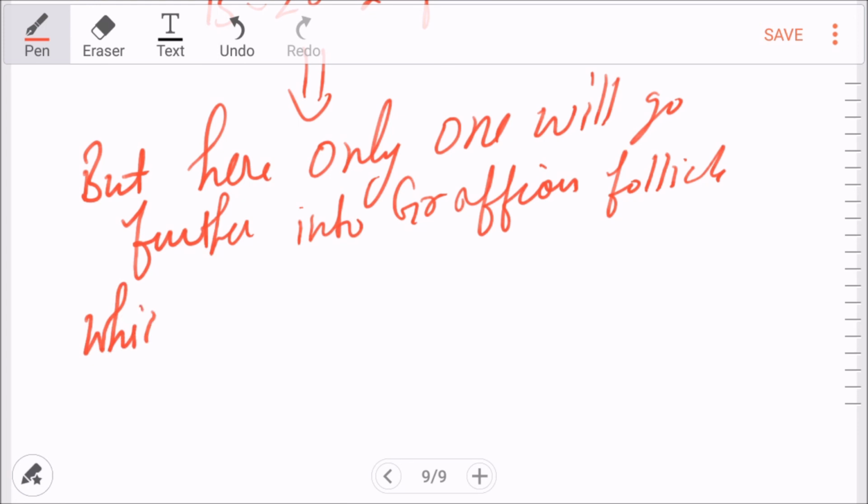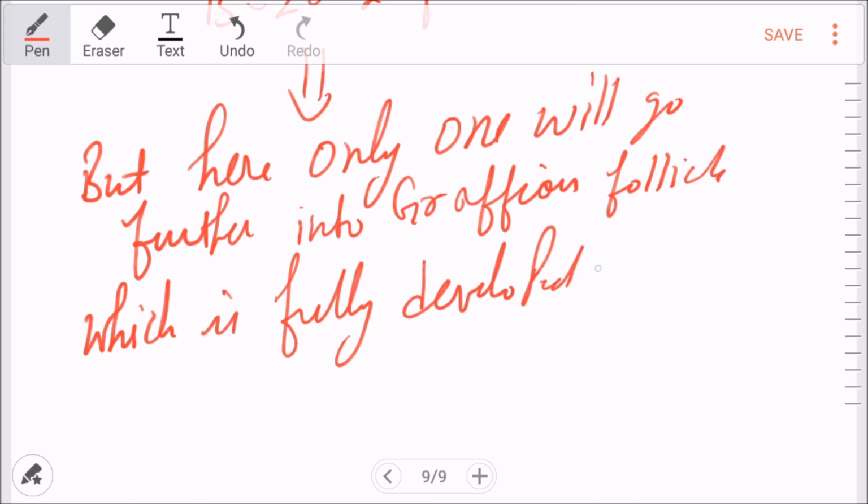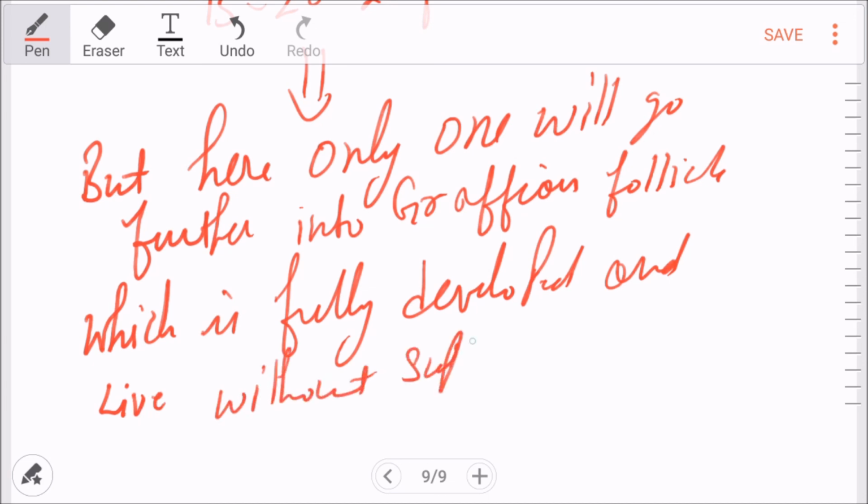which is fully developed and lives without the support of FSH.